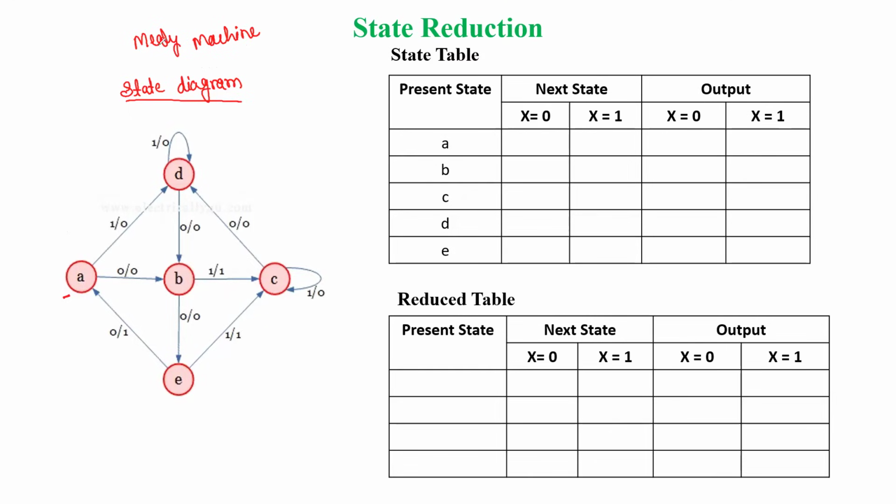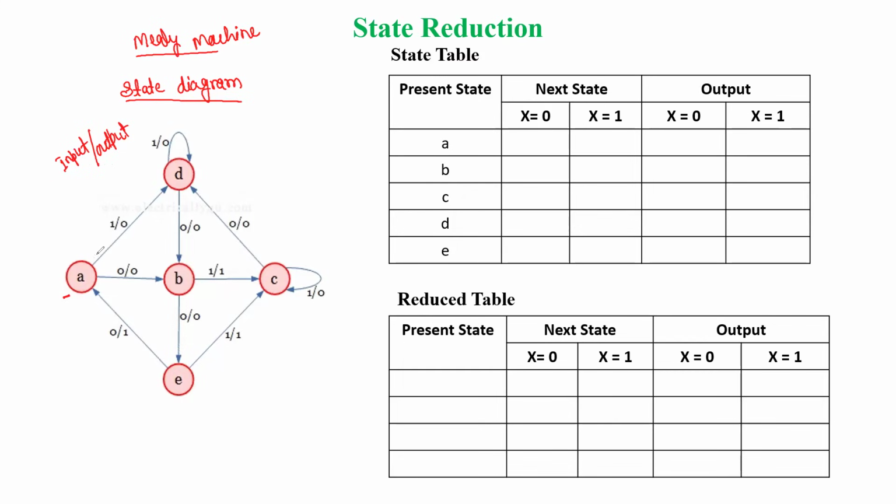Whenever we have a combinational circuit in between, after the output of the flip-flops it again takes the initial input. So this is the Mealy machine. The state diagram that is given is for the Mealy machine. In the Mealy machine, whatever transitions you are seeing here, the numerator is the input and the denominator is the output.